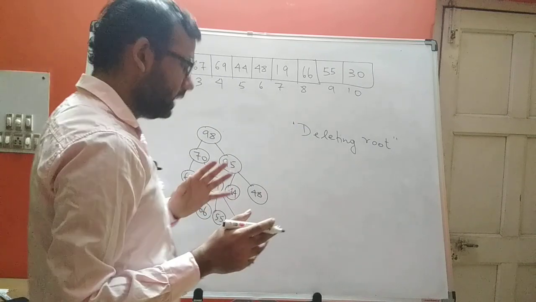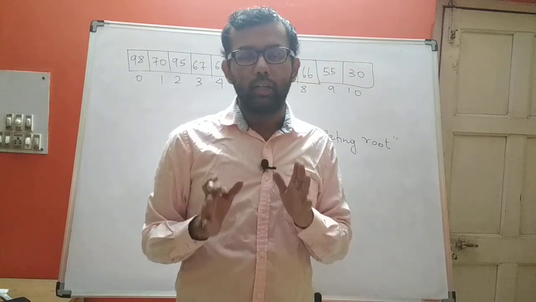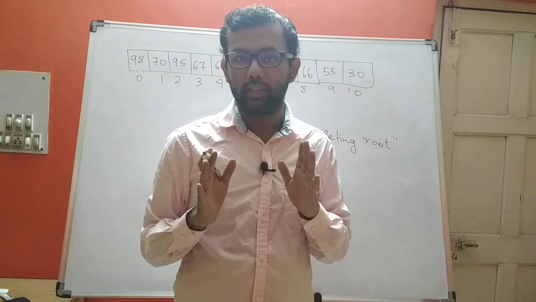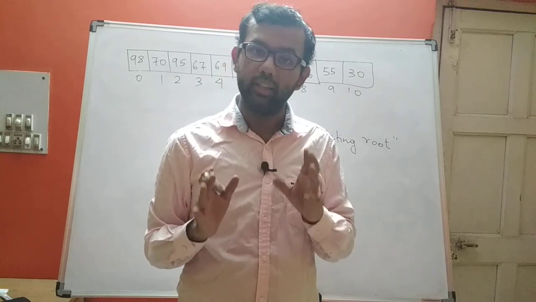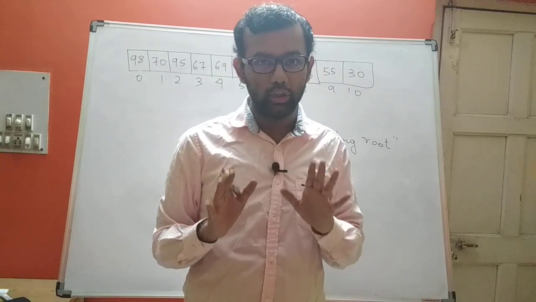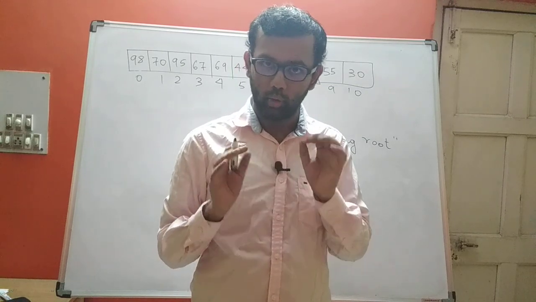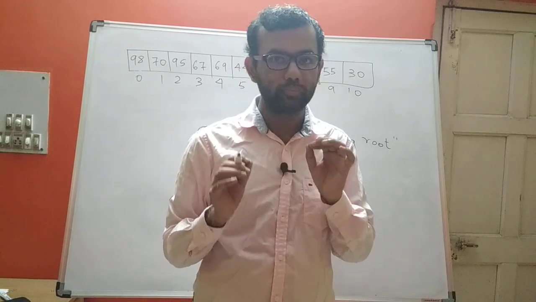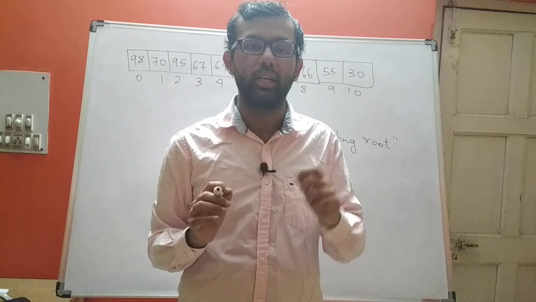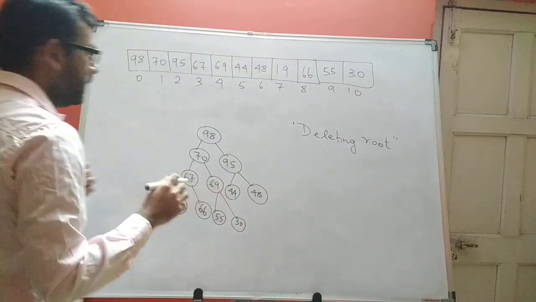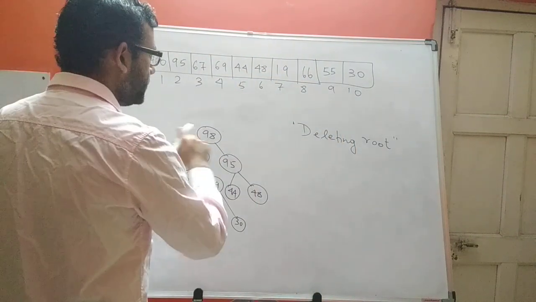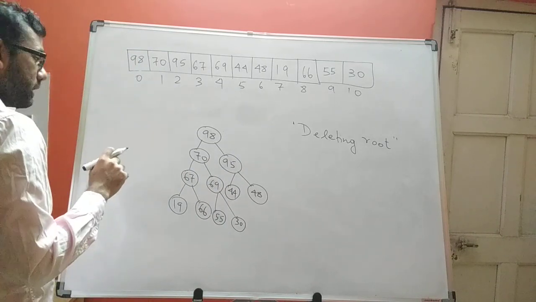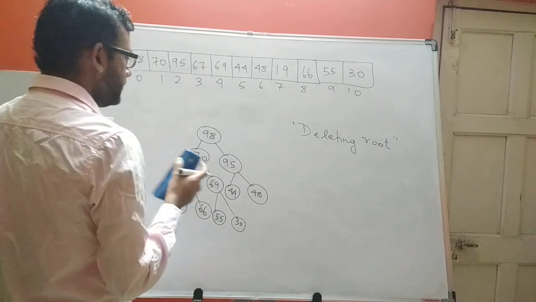And remember, when you talk about deletion in case of heaps, you would talk about deleting the root node alone. You are not going to delete any intermediate node. Only deleting the root node has major applications, one of which happens to be heap sort. Now I'm talking about heap sort. So what I'll do is I'll repeatedly delete the root node and make the necessary adjustments.